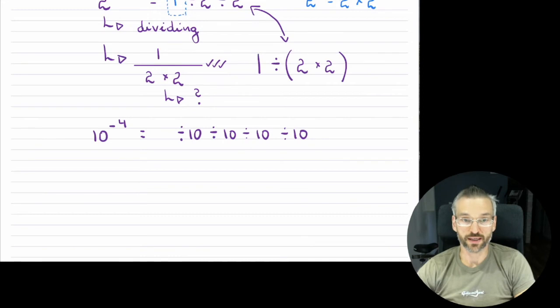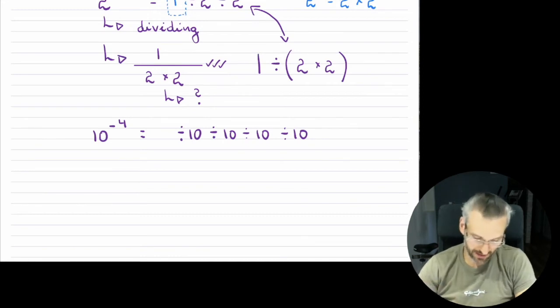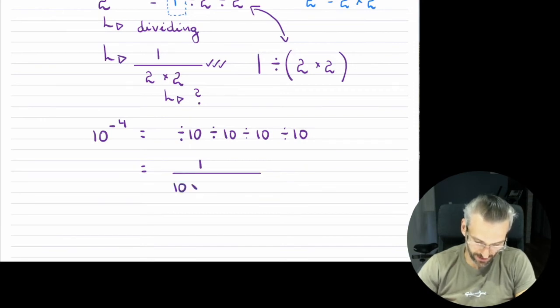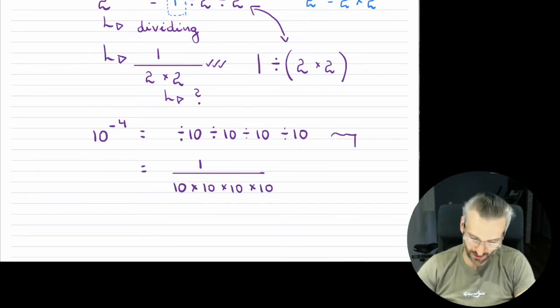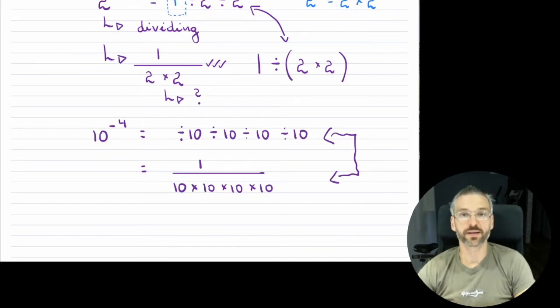Or you can write it as exactly the same thing as simply saying 1 divided by 10 times 10 times 10 times 10. So notice in both cases, it is 4 times. So these two mean exactly the same thing.